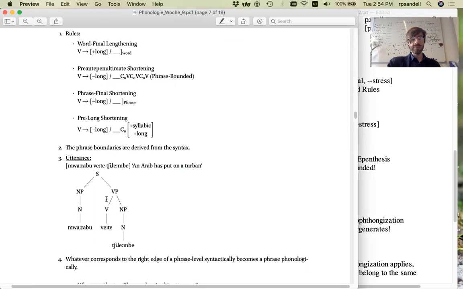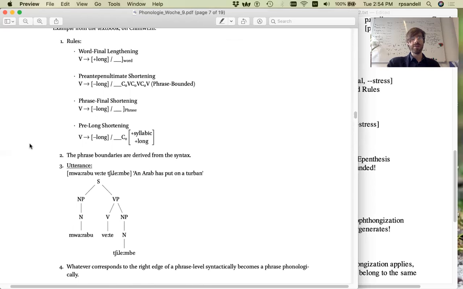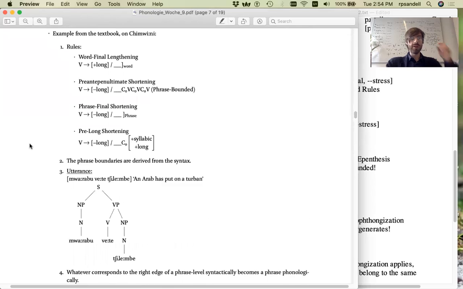So within this verb phrase, we have 2 words belonging to the same phrase. So we can see that these words would be within one phonological phrase, which excludes this noun phrase, warabu. And that is going to be the important point for us.